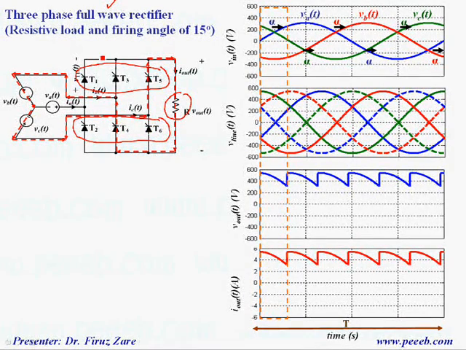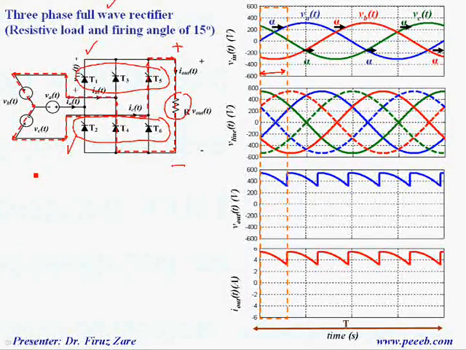Basically we have a half-wave rectifier consisting of these thyristors, and a half-wave rectifier consisting of these thyristors. So we can find this voltage positive terminal and this voltage negative terminal, and then we can find the output voltage. So we can concentrate on this period.